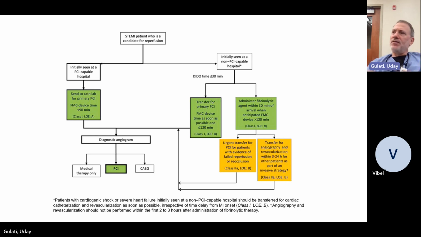You have that window of time to let the lytic effect mitigate a little bit for when you get arterial access, and also you allow for transfer time, and then you do it quasi electively in that 3 to 24 hour period.